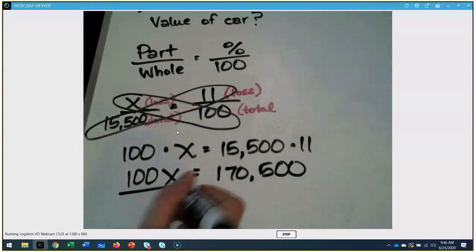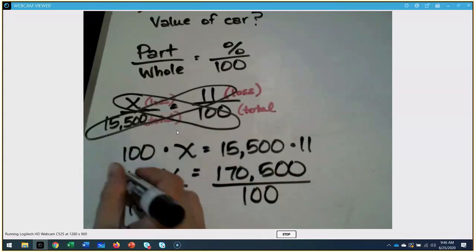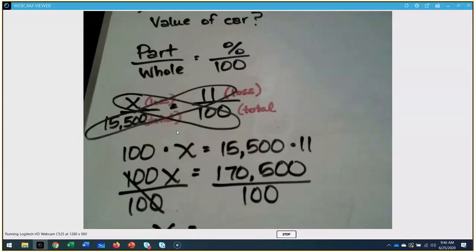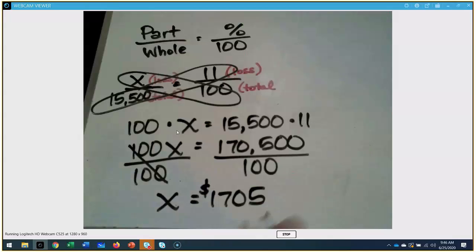And then I'm going to divide by 100, which is that. So again, think about this. This is how much the car is going to lose in value. That is not what the car is worth.